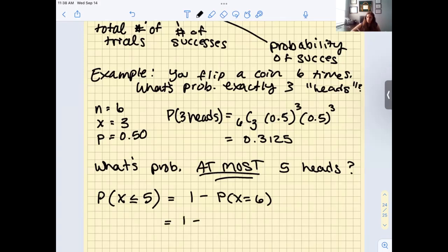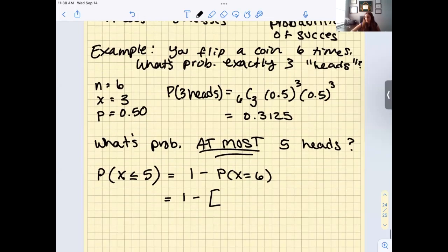So we can do 1 minus, and someone help me fill this out using the equation above. How would you fill out the probability that X is exactly 6? How do I fill it out?